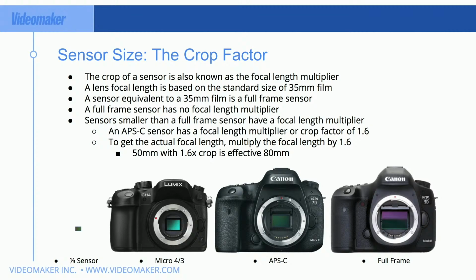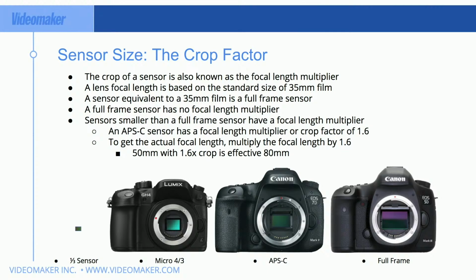Although they can shoot video, they are all designed for photography first. A full frame sensor is the same size that 35 millimeter film was, and that's the space for which all lenses are designed. So if you shoot a 50 millimeter lens on a full frame camera, you're shooting at 50 millimeters.